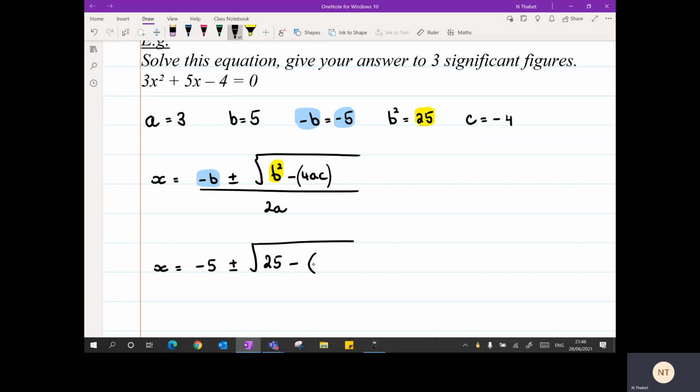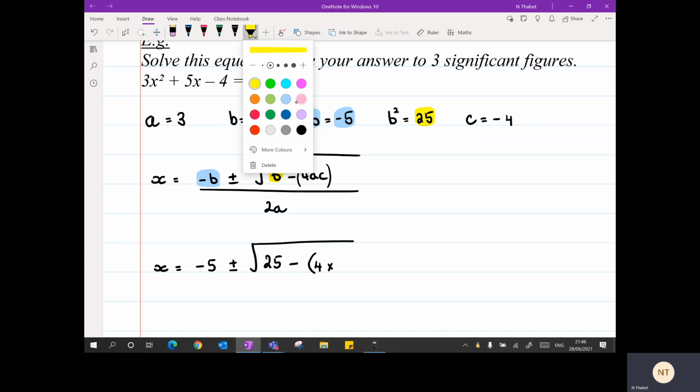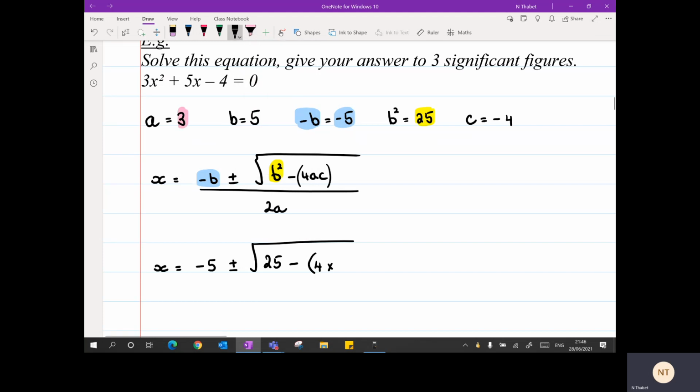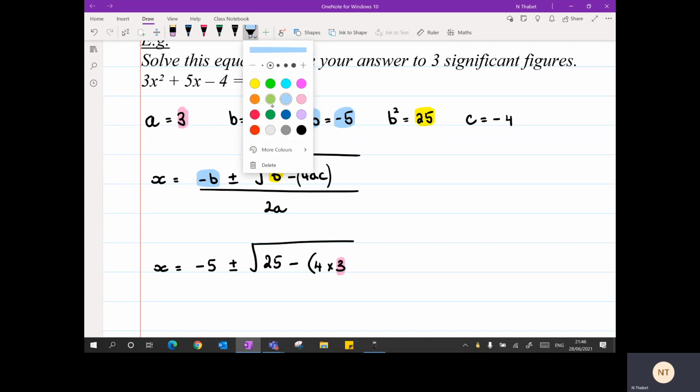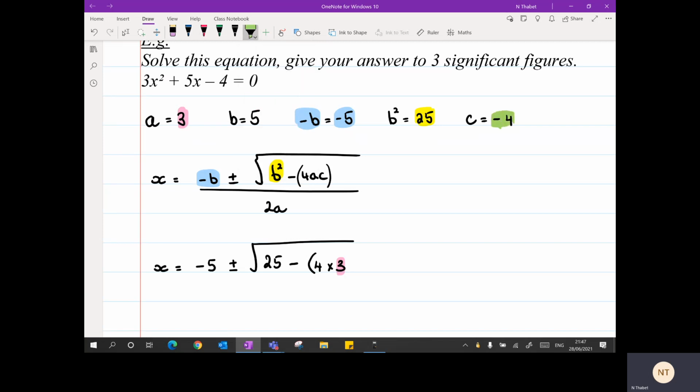So multiplied by 4 times a, which is the 3, and then times c, which is -4, so times -4, and then all over, and again I like to put it in brackets, 2 times a, which is 2 times 3.